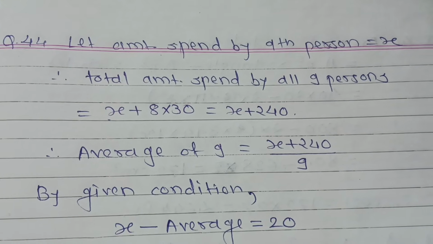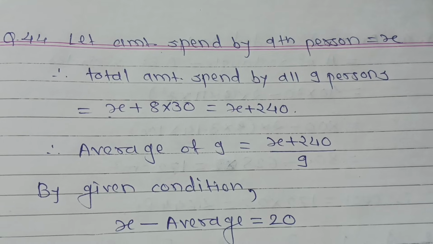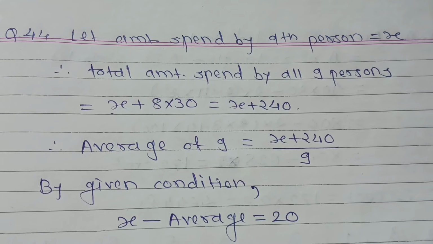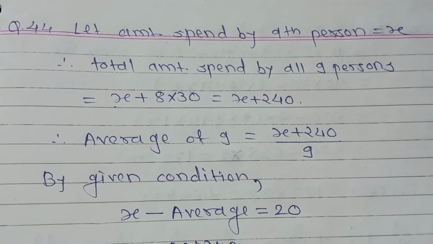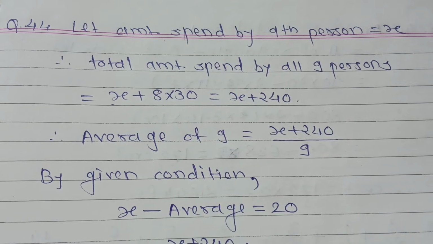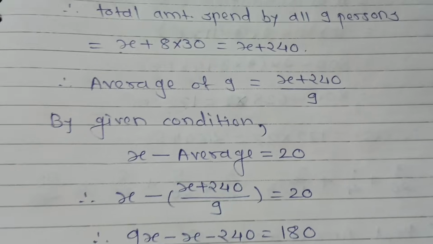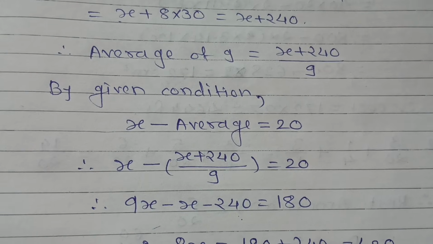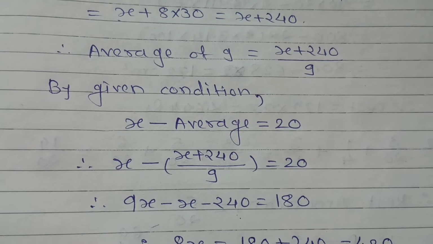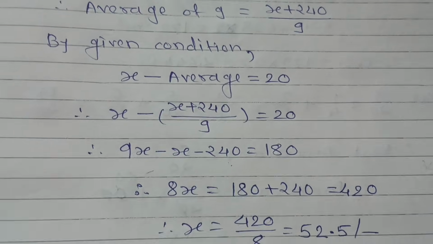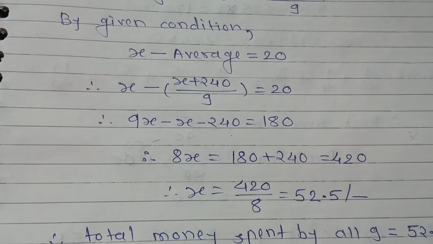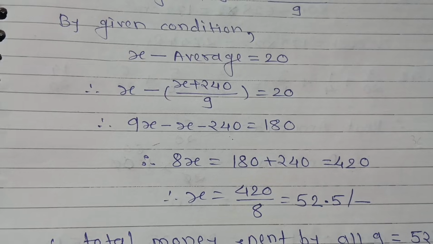So total amount spent by all 9 persons is x plus 8 into 30, because 8 spent 30 rupees each. So x plus 240. Now the average of 9 is equal to x plus 240 upon 9. But by the given condition, the amount spent by the 9th person minus the average of 9 is 20. So by putting the values in this equation, we get the value of x as 52.5.